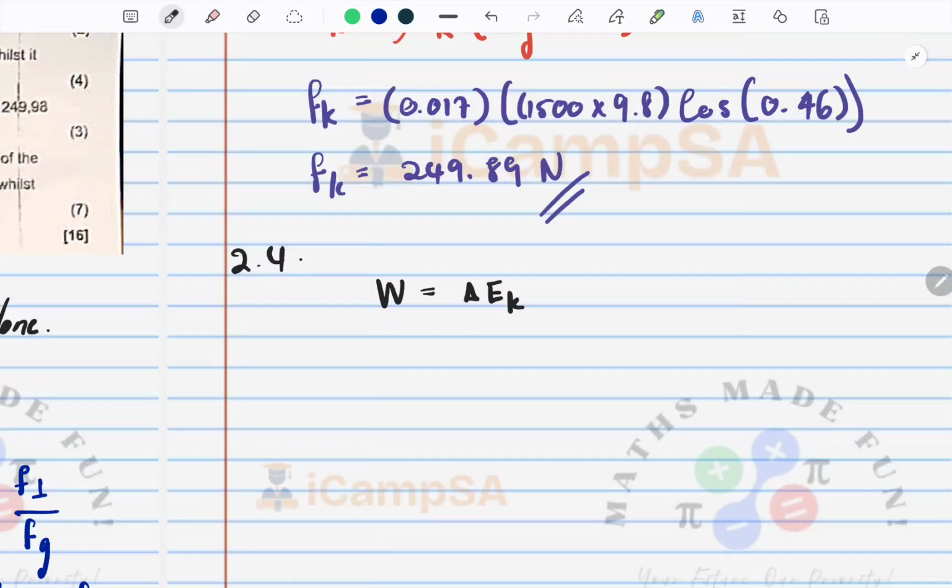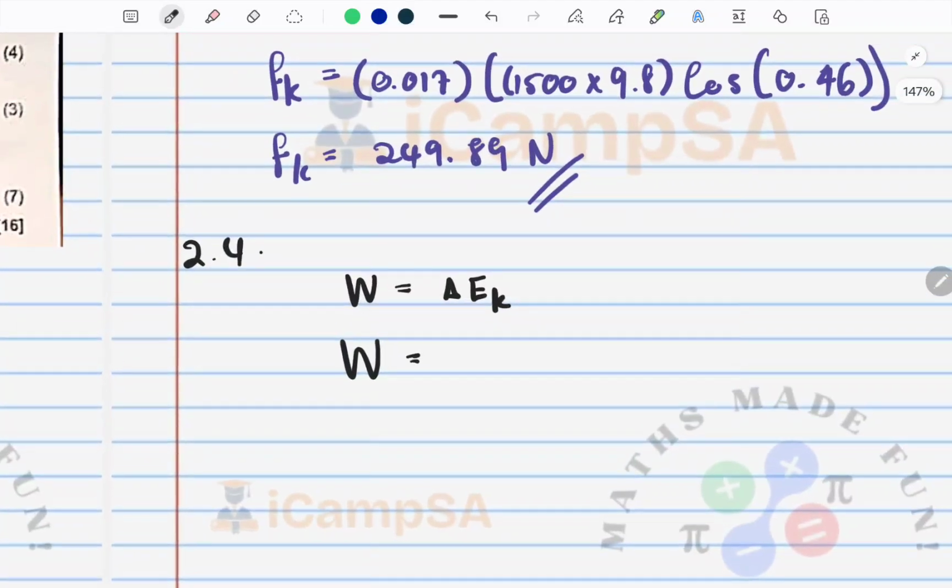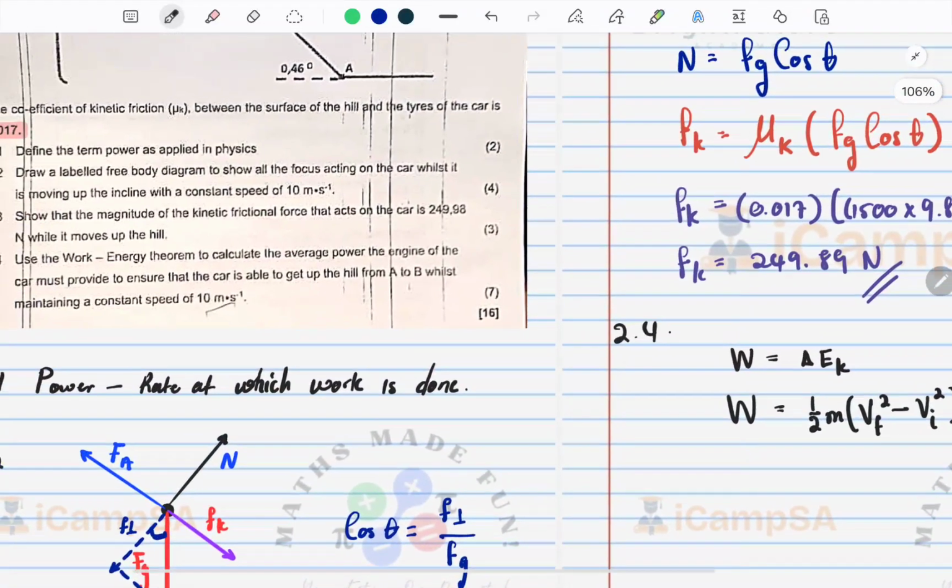So from here, if I want to calculate the net work, I can say this is the change in kinetic energy, which is 1/2 m times Vf squared minus Vi squared. Okay, we are saying the velocity is going to remain constant between these 2 points. This is what they said here, whilst maintaining this speed, right?